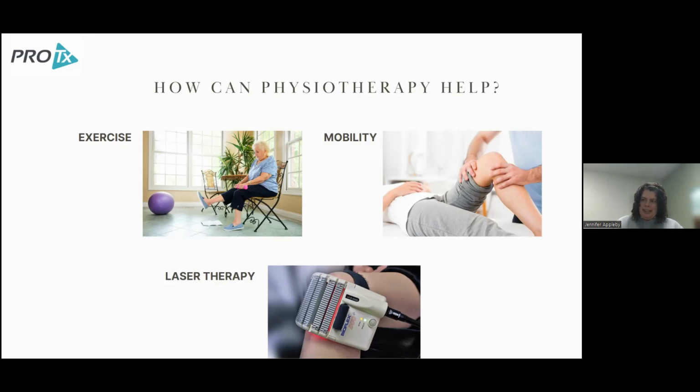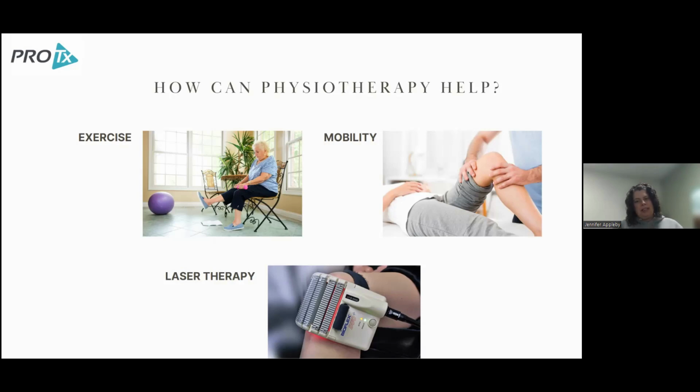What I mean by that is that when we have injured tissue, the body needs energy in the cells to repair that tissue, and that specifically is in the mitochondria. The mitochondria of the cell produces about 90% of the energy that is necessary, and when our tissue is injured, it can't produce this energy. So that's where the laser comes into play.